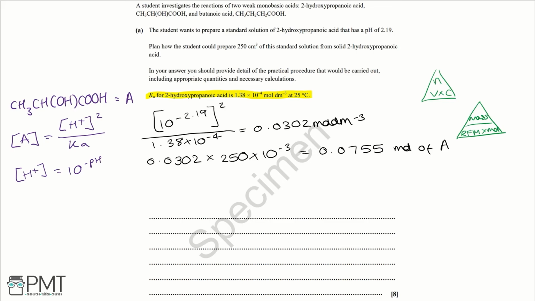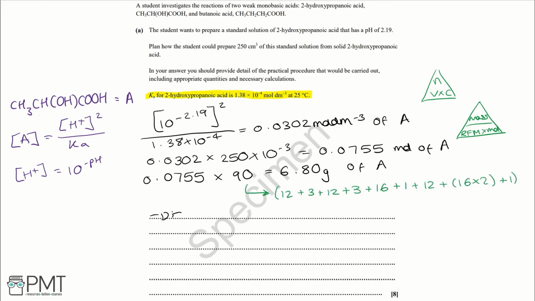So that's going to be 0.0755 times 90. 90 is the relative formula mass of 2-hydroxypropanoic acid, and it equals 6.80 grams of A. And now we need to talk about our method.